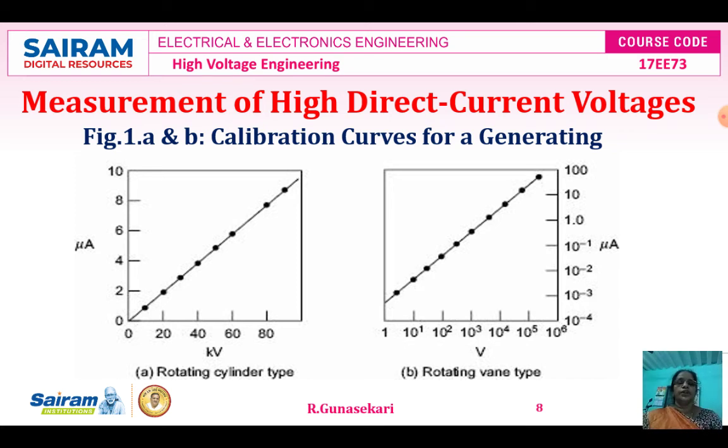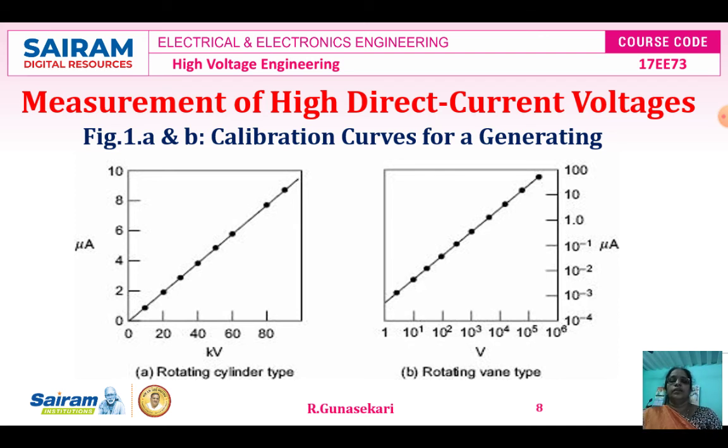The next is the rotating vane type generating voltmeter. The x-axis is voltage, represented in volts only, not kV. The current is represented in microamps. For these two values, we draw the calibration curve for the rotating vane type generating voltmeter. The curve does not start from the origin. It starts from some value of the current and voltage.